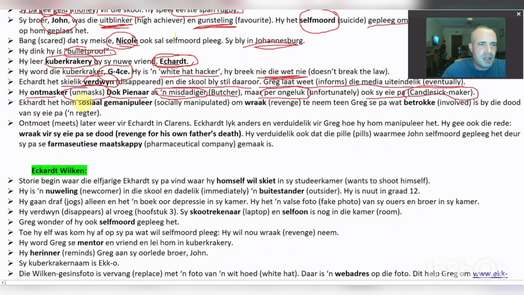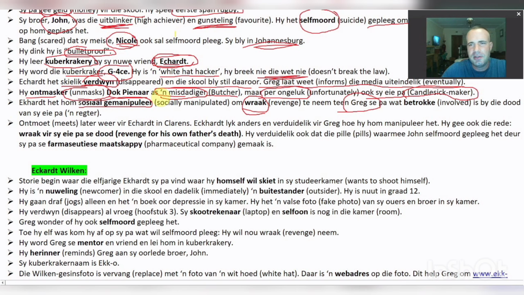Eckhart socially manipulated, this is very important, socially manipulated Greg to take revenge against Greg's dad that was involved in the death of his own dad. Okay, did you catch that? Okay, so Eckhart was fake from the start.